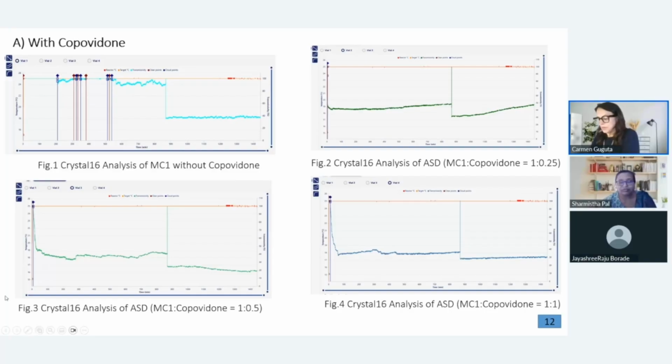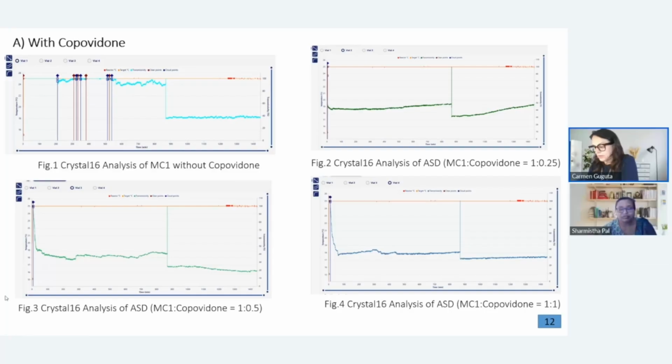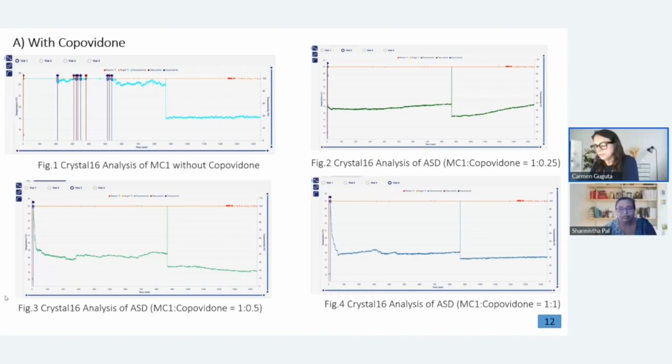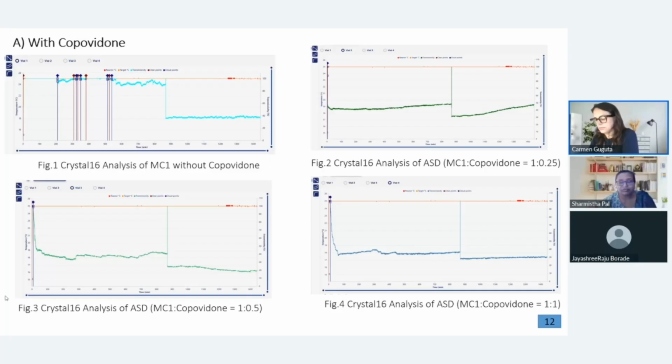The output graphs obtained from the Crystal16 at the end of the experiments are shown in this slide. Let's understand what exactly it represents. In this graph, let's focus on figure number 1. The x-axis represents time in minutes, while the left y-axis represents temperature in degrees Celsius, and the right y-axis represents the percent transmission.